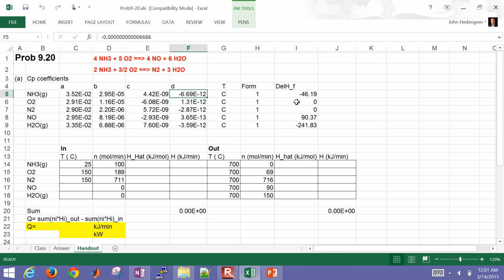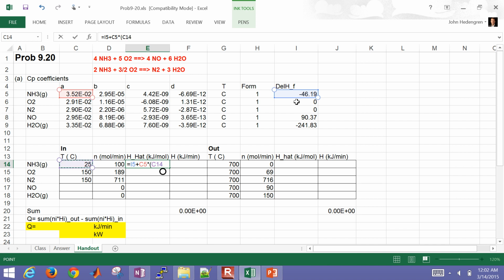Let's just start with ammonia first of all. That's going to be equal to the delta H of formation, and then I can integrate the heat capacity for each of them, and so this is just going to be A times, and then I can just put in the 25 degrees that was my reference, and then also the new temperature as well.